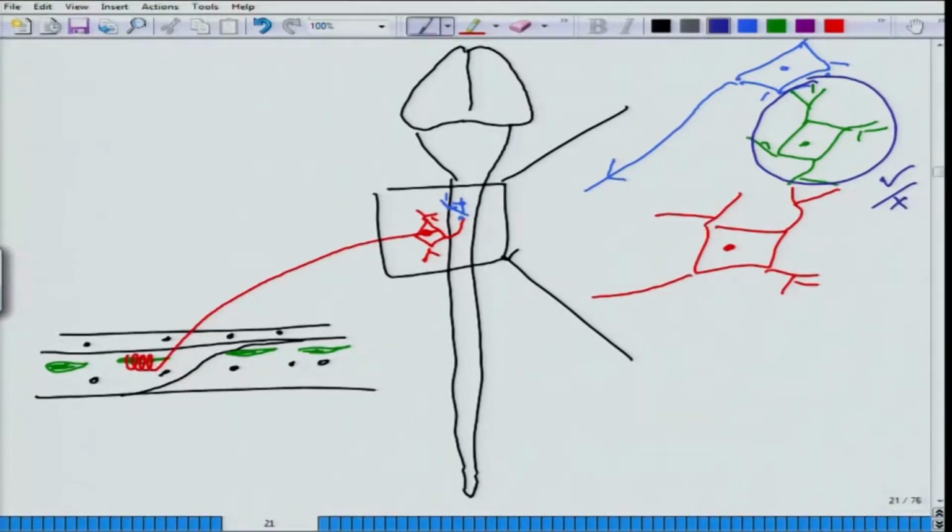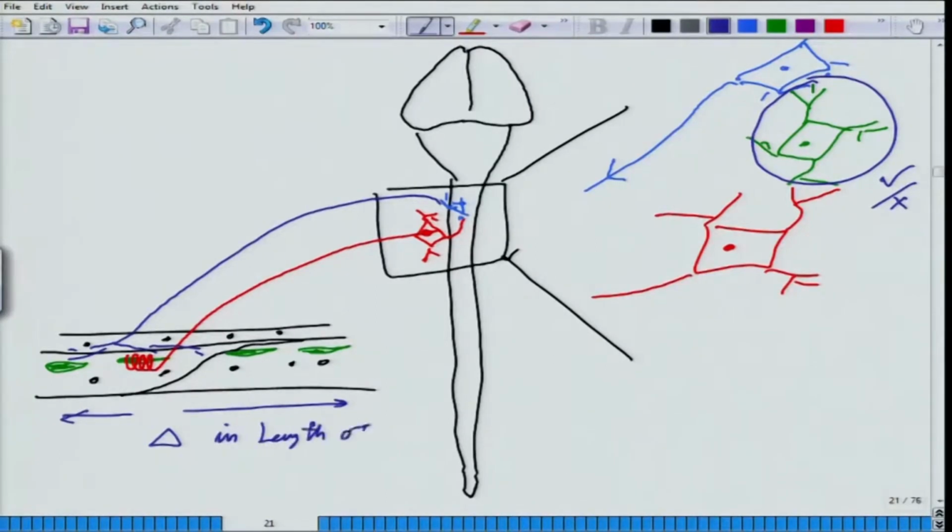So, now the motor neuron, what it does, motor neuron brings back the message out here, telling this muscle to come back to its original position. So, whenever there is a shift, change in length out here, change I am denoting by delta, change in length of muscle, it is sensed by muscle spindle.